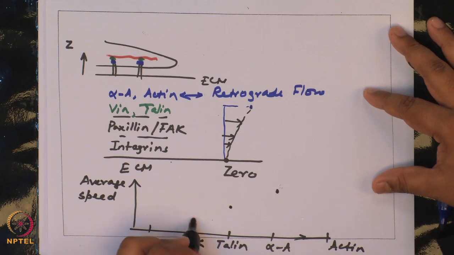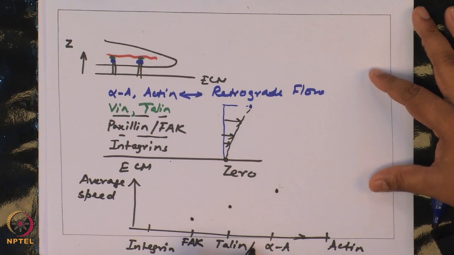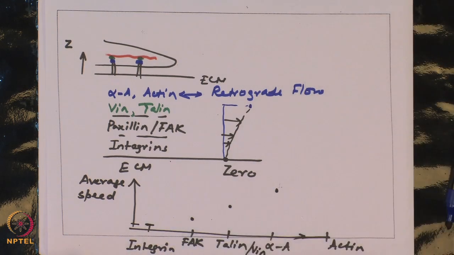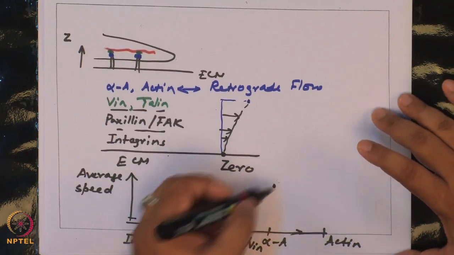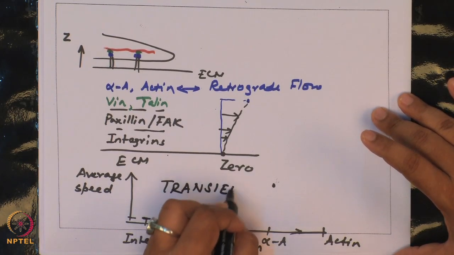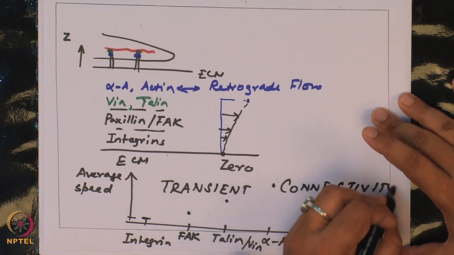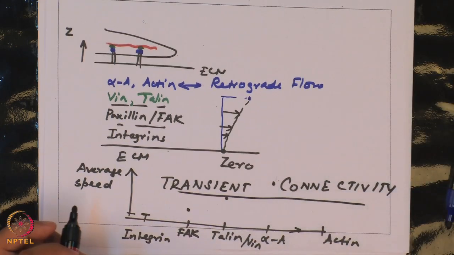Paxillin and FAK are way less than talin or vinculin, and lowest, very close to 0, is integrins. So, this shows you that there is a hierarchy. In order to achieve this kind of speed, you must have transient connectivity of focal adhesion proteins for this motion to be transmitted from the top to the base, where speed is 0 at the base, and as you go up you have different speeds.